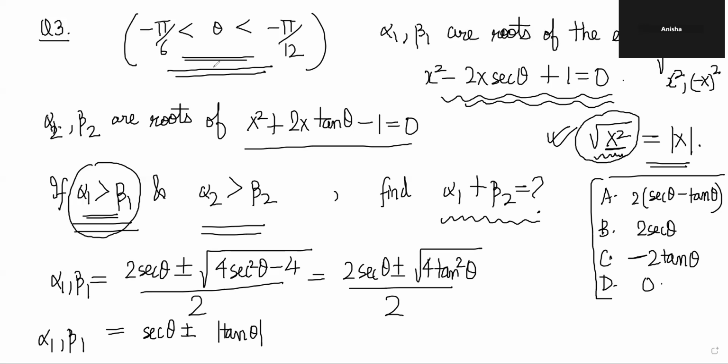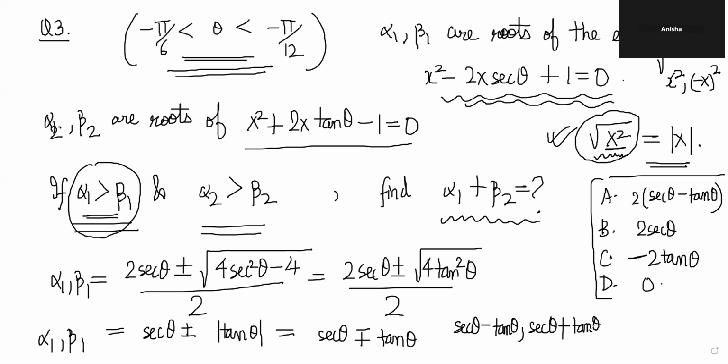Tan is negative. So this will break out with a minus tan theta. So it will be sec theta minus plus tan theta. So the roots are sec theta minus tan theta or sec theta plus tan theta.